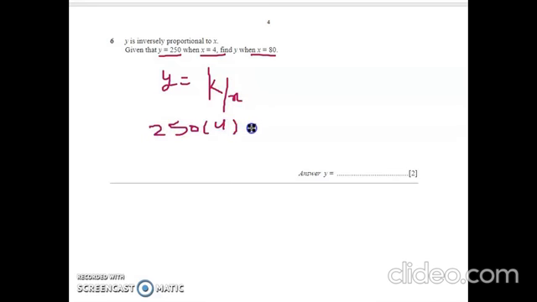We will find the K through this. So our K is 1000. So we need to find Y when X is equal to 80. So 1000 divided by 80. And what is 1000 divided by 80? That is 12.5.